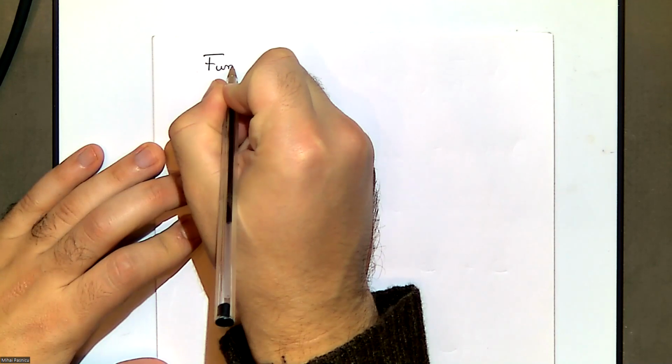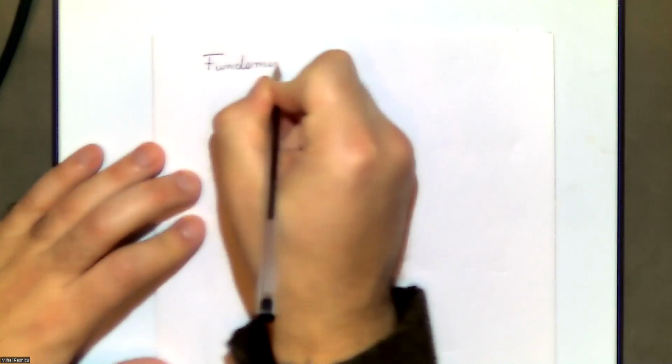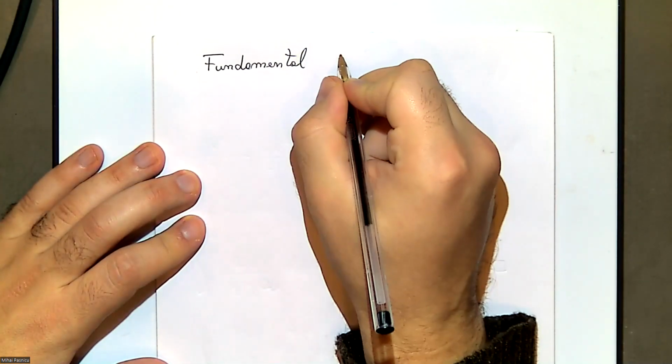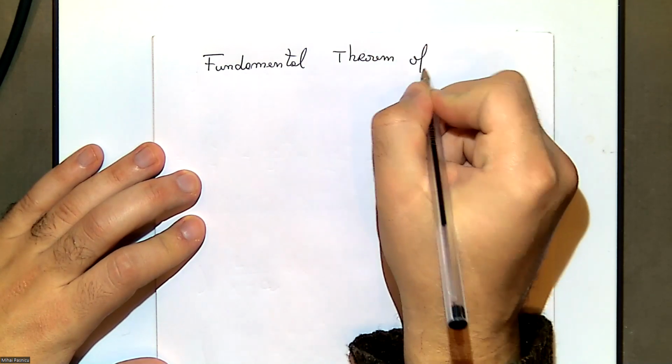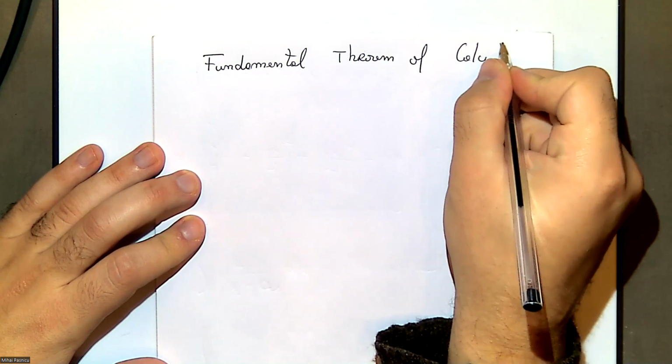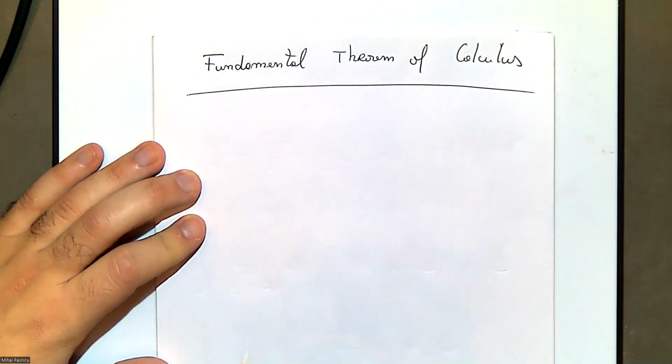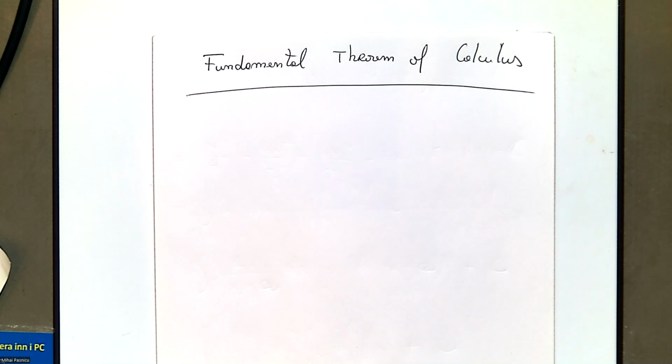Now that we're done with polynomial division, I will show you what's called the fundamental theorem of calculus. That's what we're going to see today. It's quite short, it's not much to brag about.